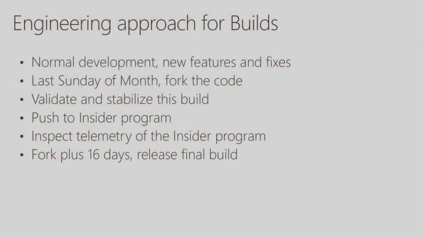So, updates. Once we've deployed and configured our particular build of Office for Mac, we're then going to look at how we update that. In terms of updates, we have a very fixed engineering cycle to get these updates out to the users. Primarily, it's about getting those builds up to the insider build track first.